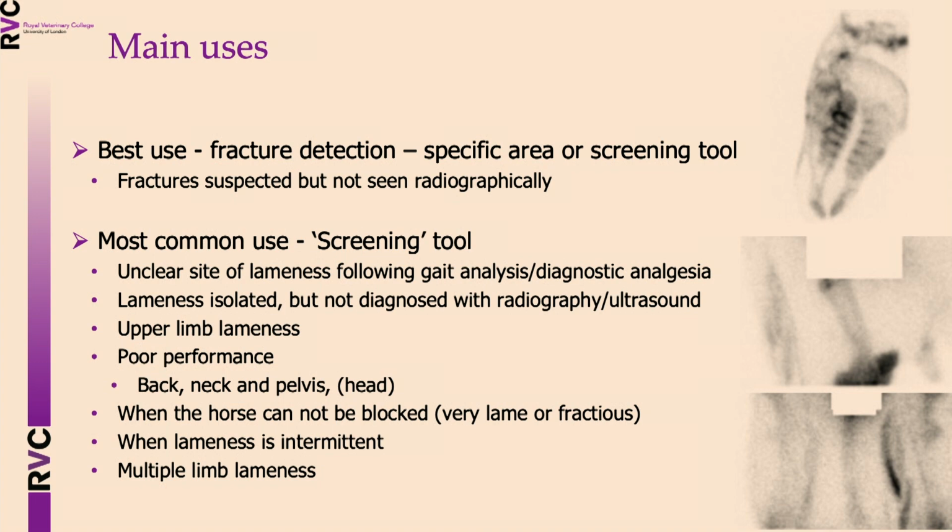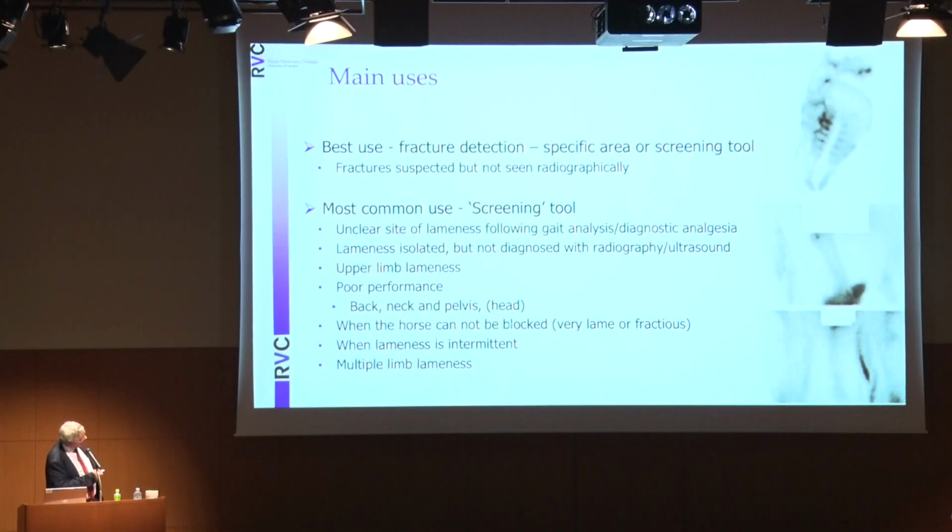Such as abnormalities involving the neck, back, and pelvis, but also identifying dental disease in the head. We use it when the horse cannot be blocked, either because it's very lame or difficult to block.